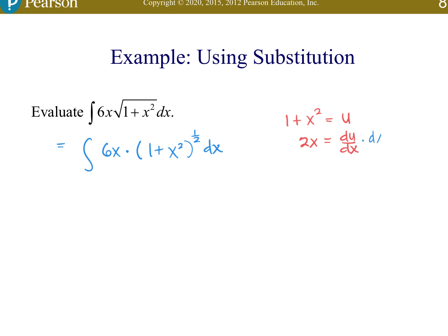I'm going to multiply by dx on both sides. That's going to give me 2x times dx equals du. That got me du alone, but I don't need du alone. I need dx alone. So dx is going to be 1 over 2x times du. Okay, always work to get the dx alone.